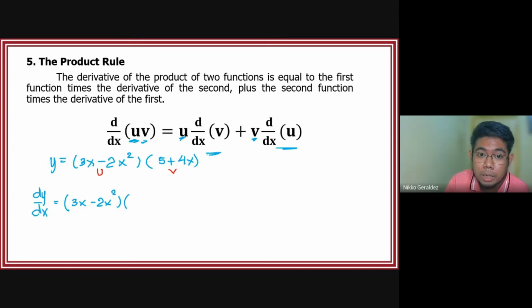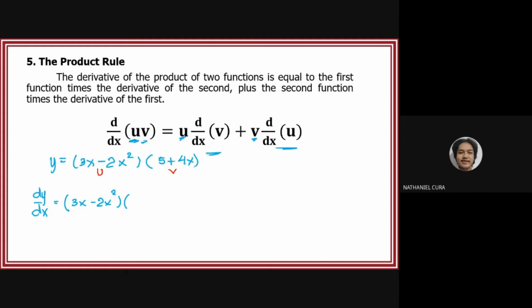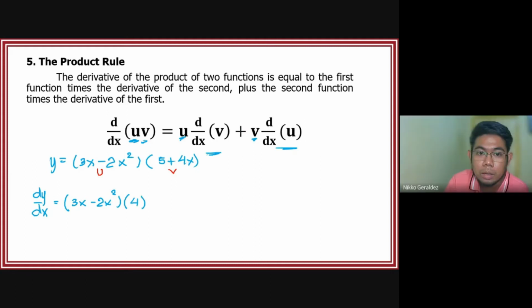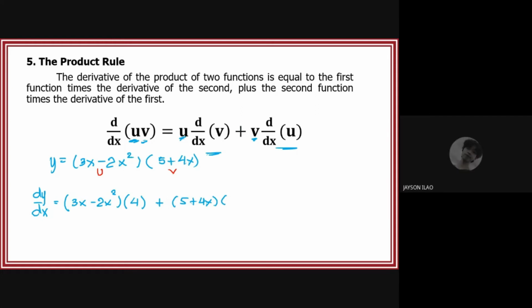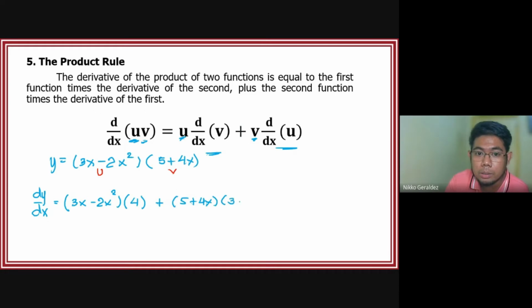So derivative of 5, 0, plus derivative of 4x, 4, plus v, copy lang si v, so 5 plus 4x times derivative of first function, derivative of u, derivative of 3x, 3, minus derivative of 2x squared, 4x.